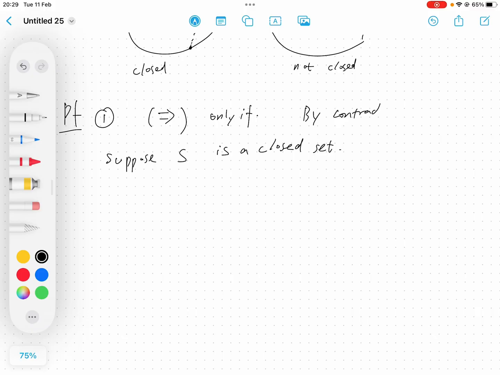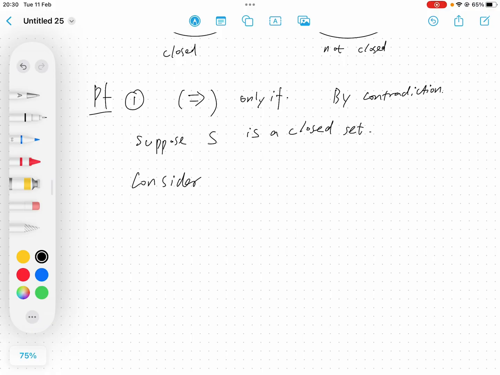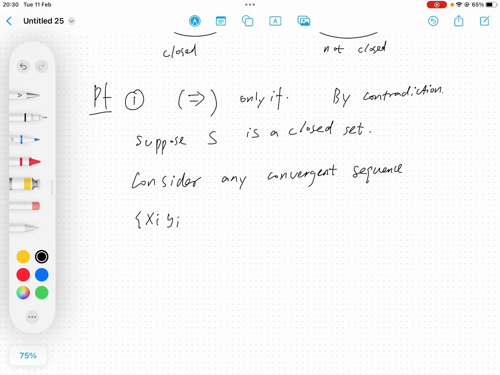From this starting point that S is a closed set, we're going to find some contradiction to the other statement, where we have some limit also inside of S. So we consider any convergent sequence, xi from 1 to infinity, that is a subset of S, and let's call the limit x.